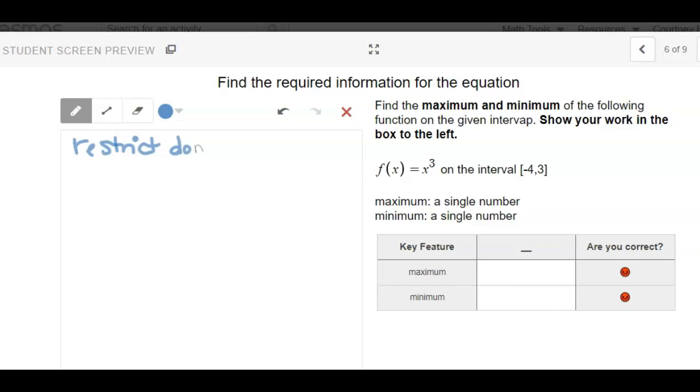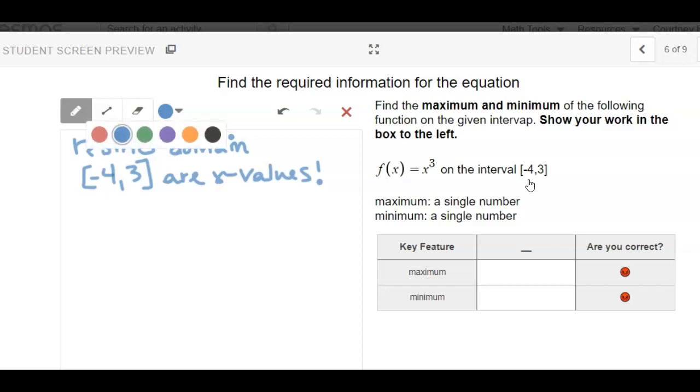That also means that the interval from negative 4 to 3 are x values. So whenever we substitute negative 4 and 3 into our function, we're going to be substituting them for x.